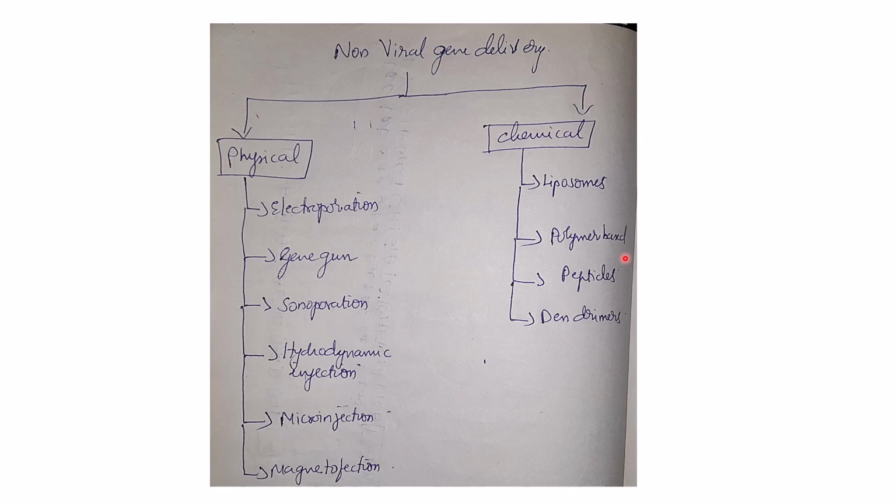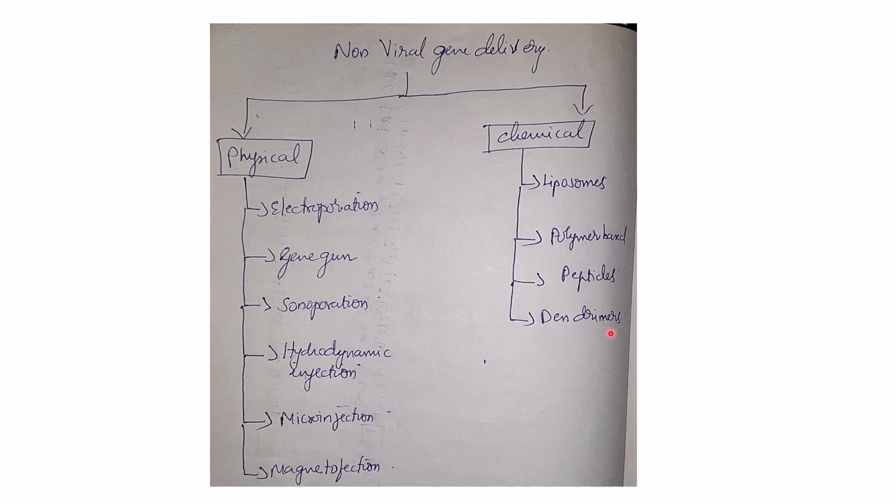Peptide based, it is peptiplexes. And they will deliver the gene through conjugation or through electrostatic interaction, etc. So that is how peptides deliver genes into the cell. Examples of this include peptide nucleic acid or PNA conjugates.